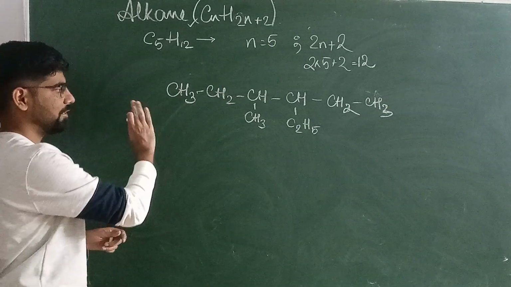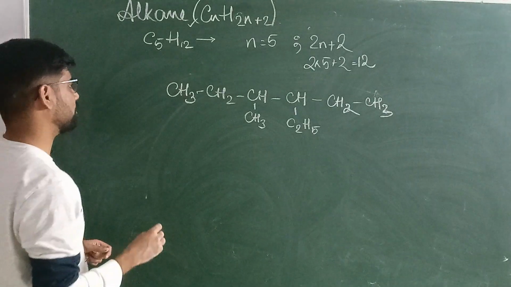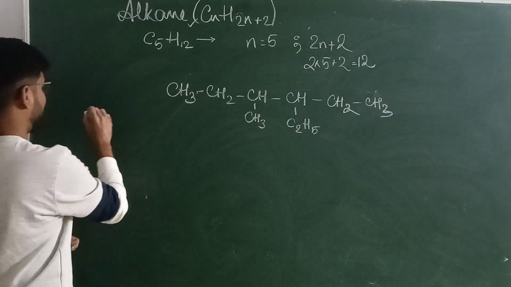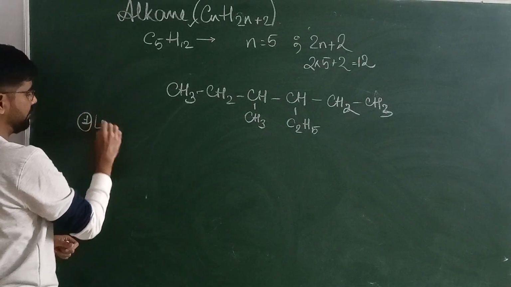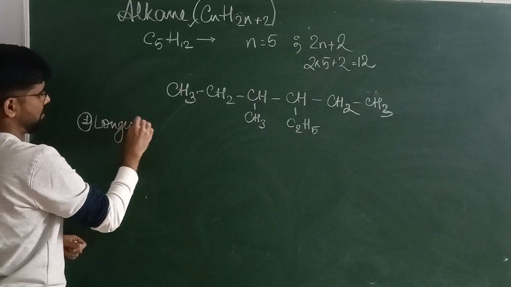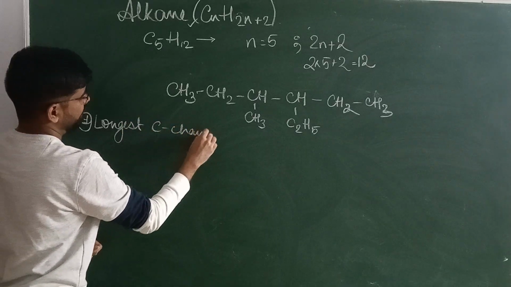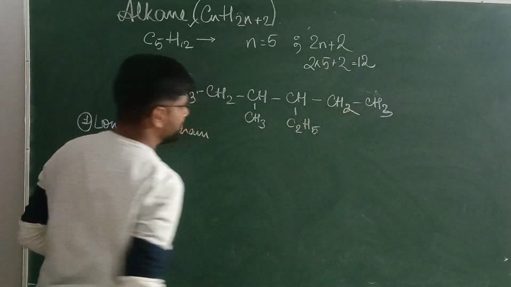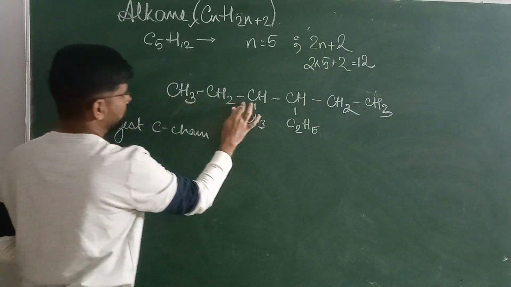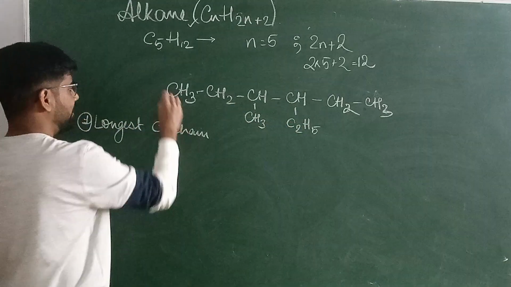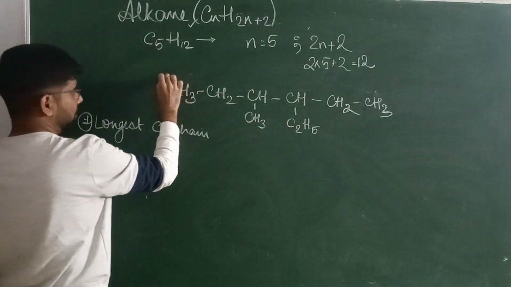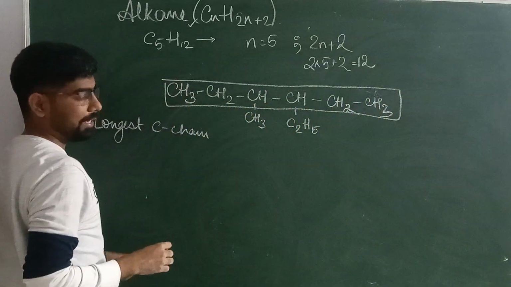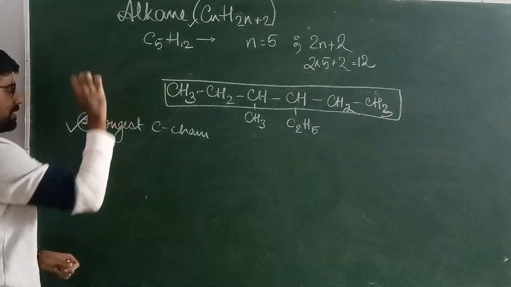The structure is given, and we have to find the name of this compound. So the first thing we do is find the longest carbon chain. Now you can see 1, 2, 3, 4, 5, 6. This one is the longest one, or 1, 2, 3, 4, 5, 6. Anything you can take. So I am considering this one. This is my longest carbon chain of 6 carbons. So the first thing is done. I have found my longest carbon chain.